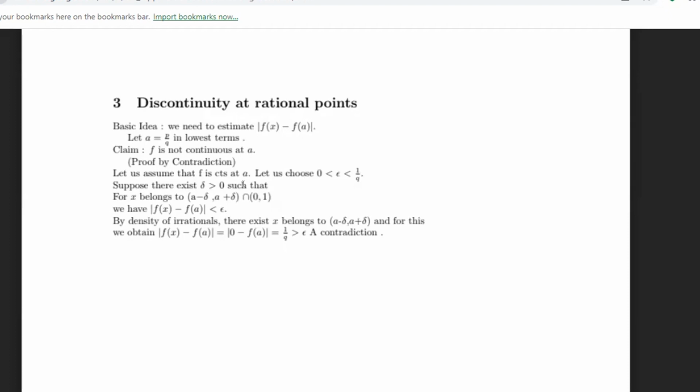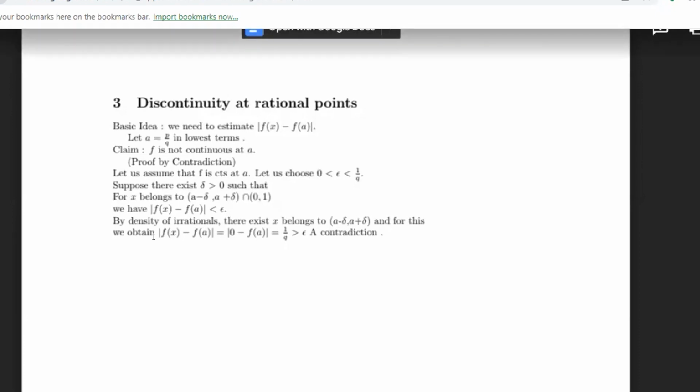Following the definition of continuity, we know that for this epsilon there is a delta such that for all x belonging to the open interval (a minus delta, a plus delta) intersection (0, 1), we have mod f(x) minus f(a) less than epsilon. But by density of irrationals, we know that in this interval there always exists an irrational number x.